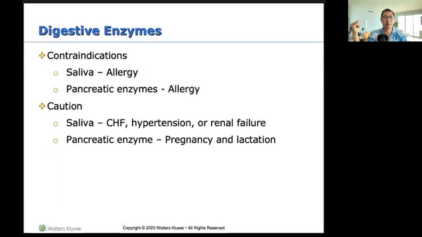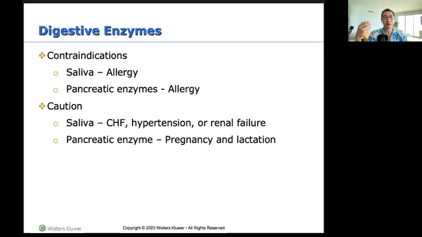Most of your CHF patients will be on fluid restrictions. I want to control every ounce of fluid going into your system. So if I give you this, you're going to make more saliva, and I know you're going to swallow the saliva.